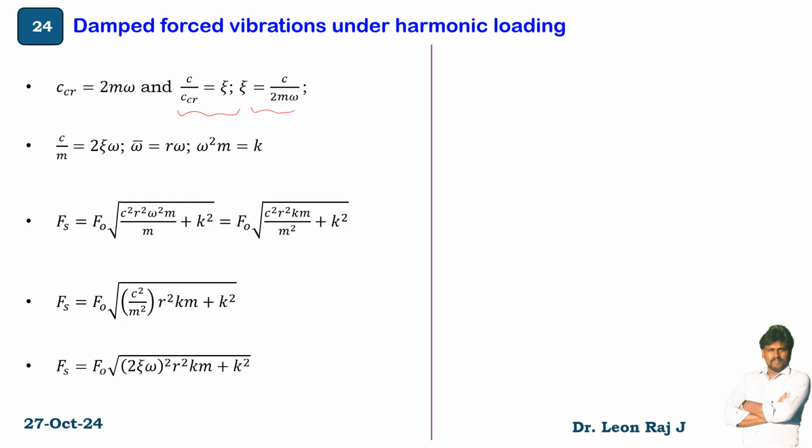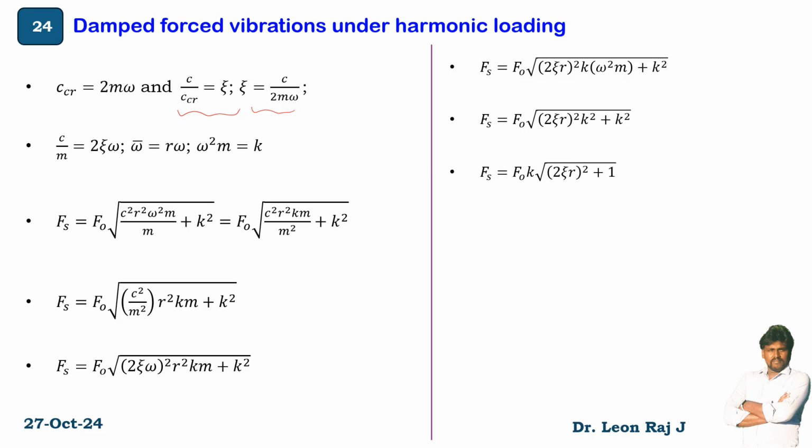So Fs equal to F0 into square root of (2 xi r) whole square k square plus k square. So k is taken as constant outside.